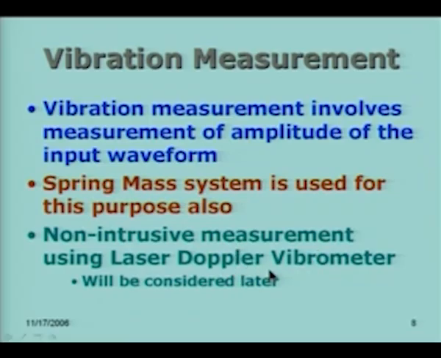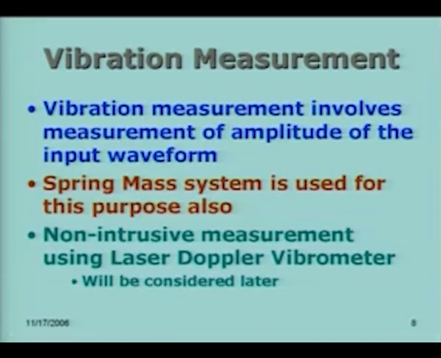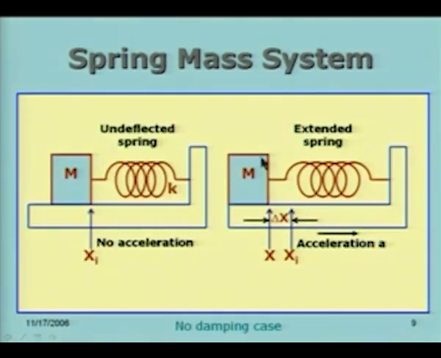This laser Doppler vibrometer is just like the laser Doppler velocimeter which was used in the measurement of velocity of a fluid. Similar principles are involved, but we can use a laser Doppler vibrometer to measure vibration. What I will do now is look at some of the basic principles involved, especially in the case of the spring mass system.